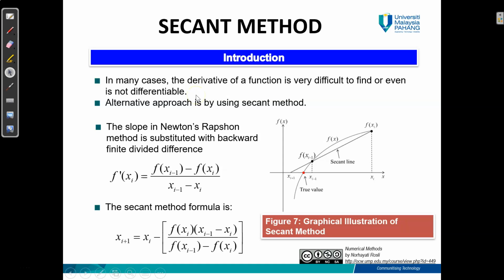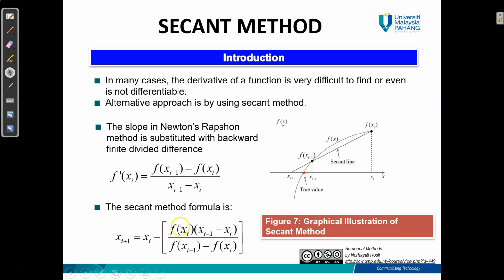In the Newton-Raphson method, the derivative of the function is sometimes very difficult to find or the function is not differentiable. The alternative approach here is to use the backward finite divided difference. That is, this derivative we change to f of xi minus 1 minus f of xi, divided by xi minus 1 minus xi.